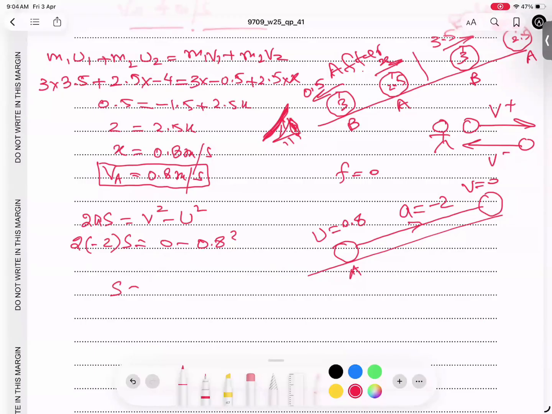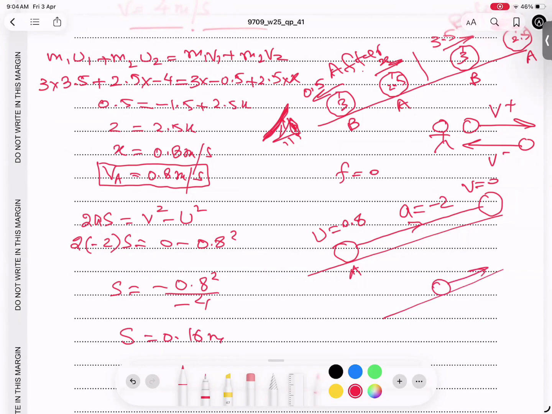So I'm finding now directly negative 0.8 squared over negative 4. When we type in the calculator, we get the answer 0.16 meters.